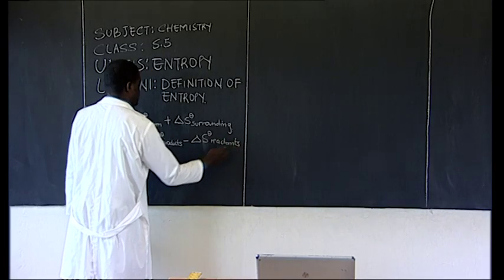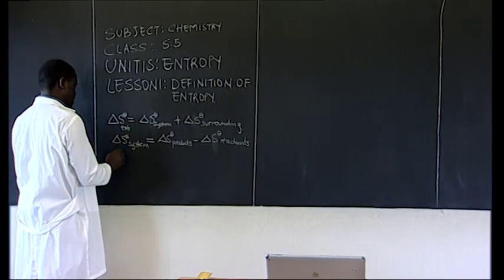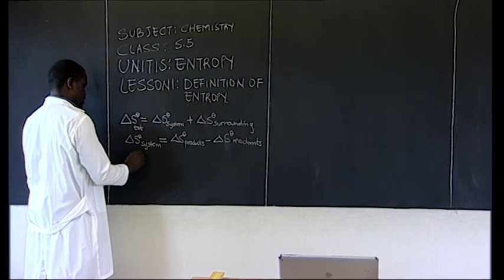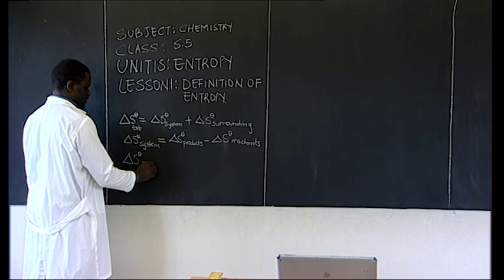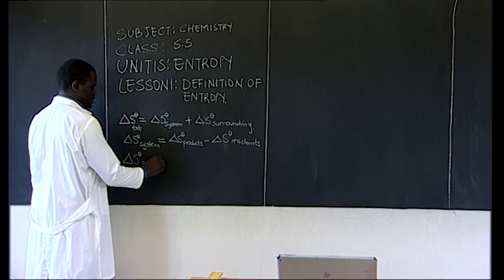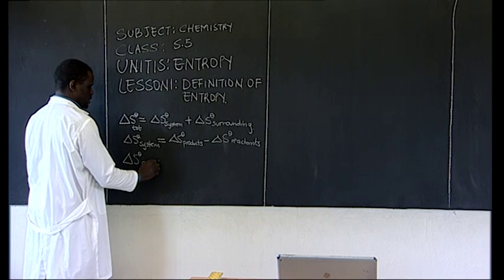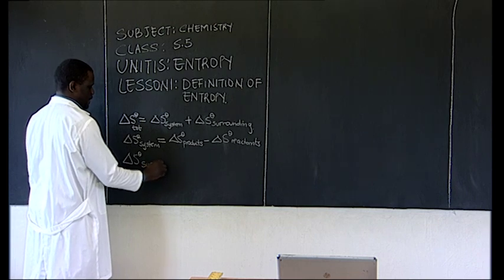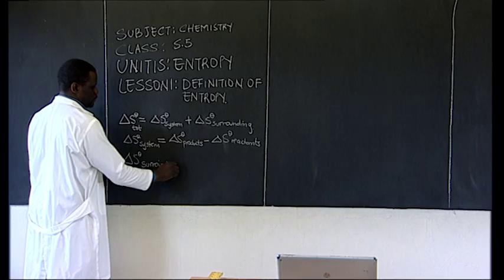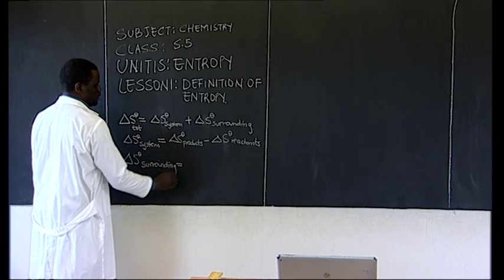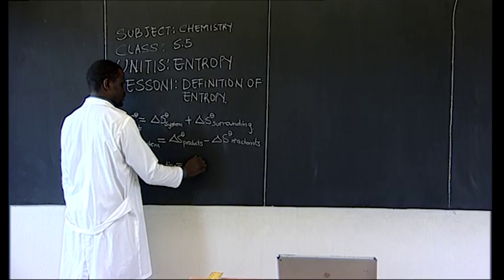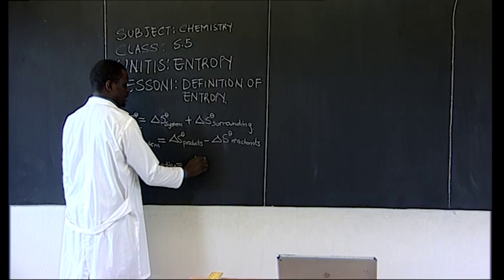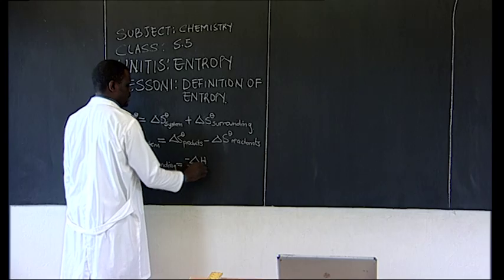Then if you want to get the change in entropy for the surrounding, I'm going to use surrounding like this, just to make it smaller, or we can write the whole of it. So it will equal negative delta H, change in heat, over the reaction temperature.